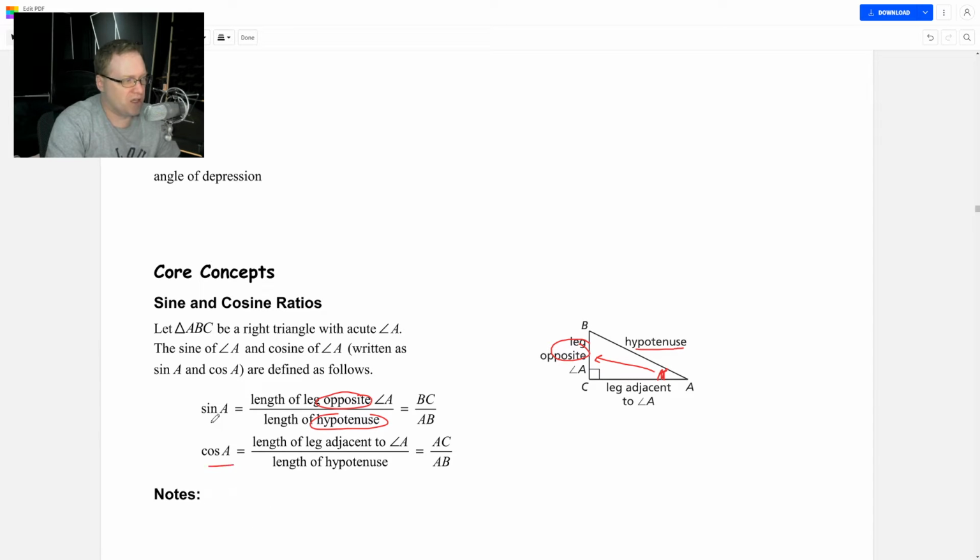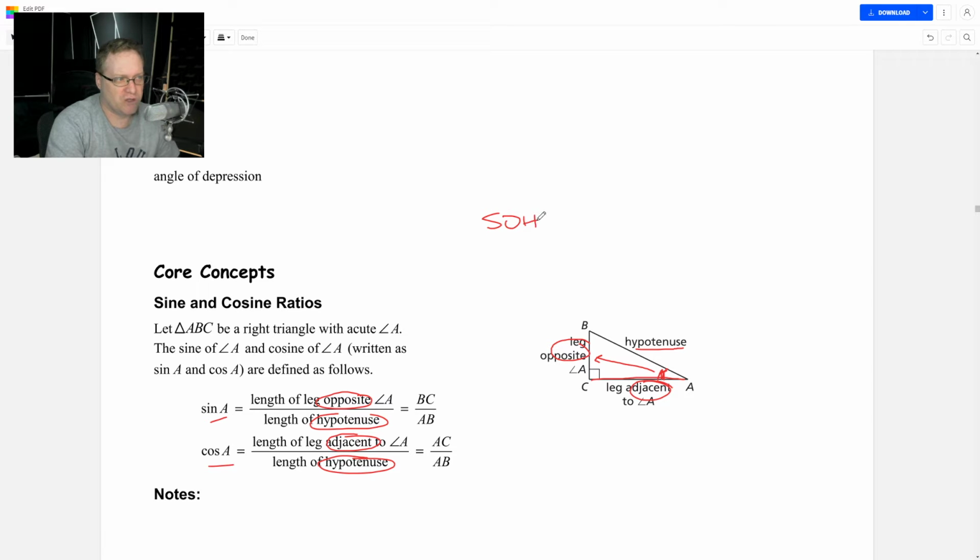If it's a cosine, we're going to take the adjacent side, which is this one down here, and we're going to divide that by the hypotenuse. So it's the adjacent over the hypotenuse. That gives us the cosine. And we also talked about a way to remember that.